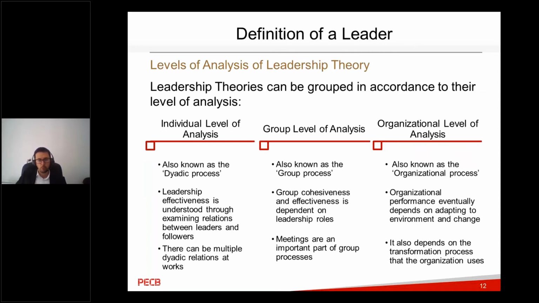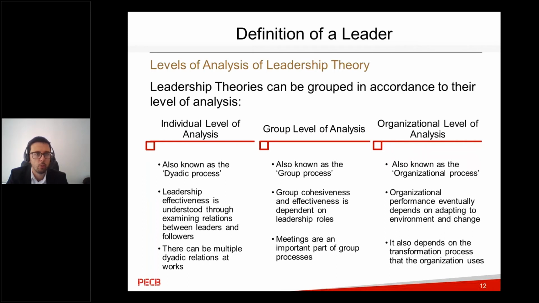And that's why we call this process also a dyadic process. So a dyadic process usually sees leadership as a process through which leaders and followers tend to influence each other simultaneously in a dynamic and ongoing process. So it is something that we covered earlier.